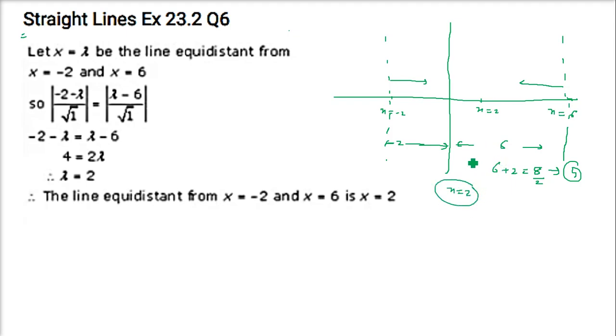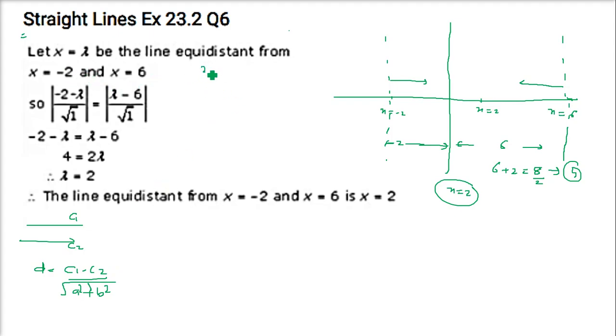Now, we'll do it by the formula for straight lines. We know that the distance between two parallel lines, if the constant here is c1 and the constant here is c2, is given by the absolute value of c1 minus c2 divided by the square root of a square plus b square. I'll tell you what a square plus b square and c1, c2 are.